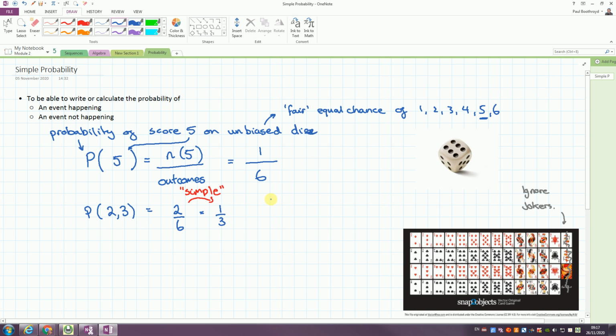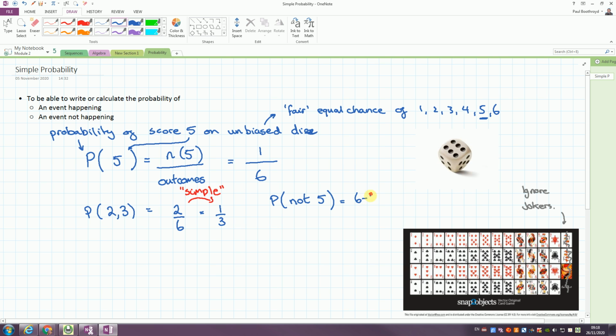Last part is, what's the probability of not having a 5? Well, that's everything else. Now, one thing to remember is the total probability available is 1 or 100%. So not having a 5, there were 6 things that could happen. One of them was a 5.